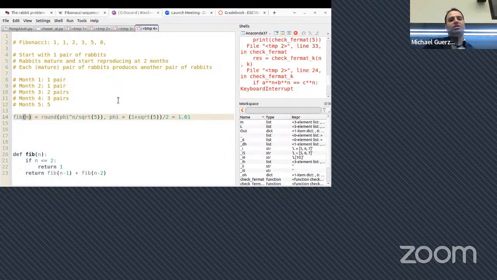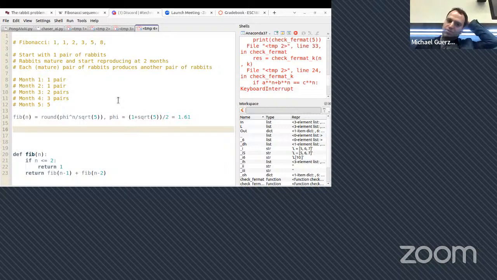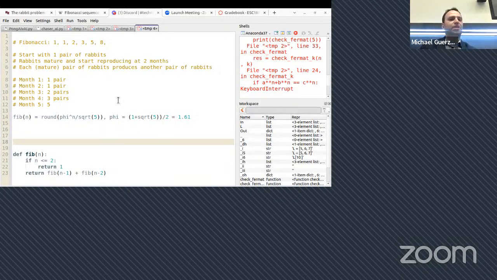So it turns out that it basically grows exponentially, and you can approximate it very closely with just this kind of form. All right, so that was kind of just a mathematical diversion.